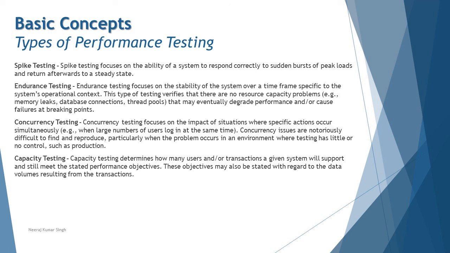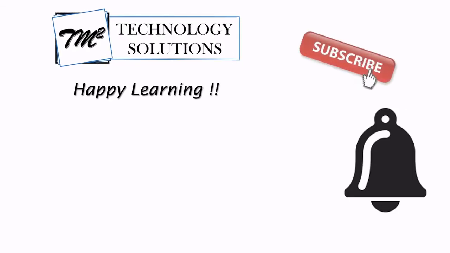So that's where capacity testing also plays a vital role. These are different objectives which you can actually target, and all these types cover, one way or another, different objectives of performance testing.